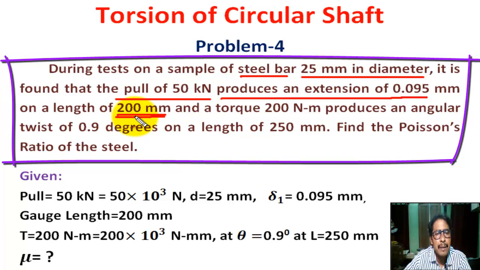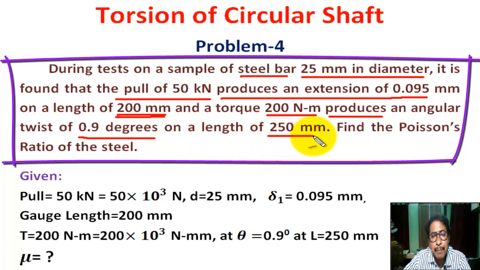Gauge length means experimental length, and a torque of 200 Newton meter produces an angle of twist of 0.9 degree on a length of 250 millimeter.